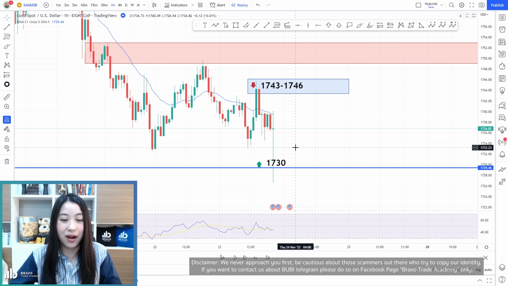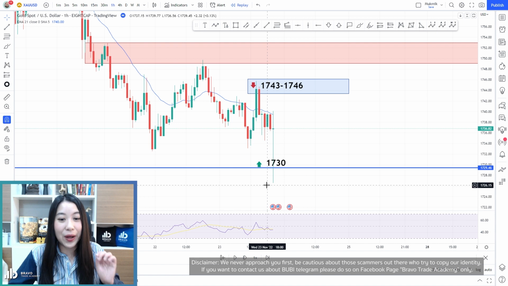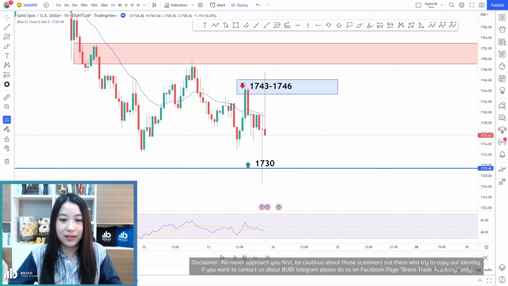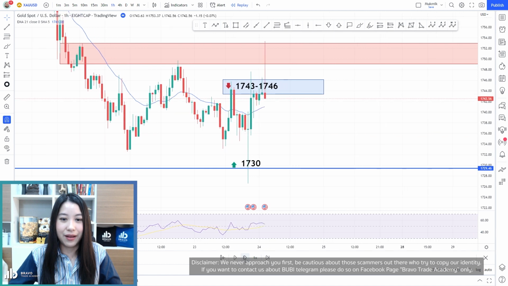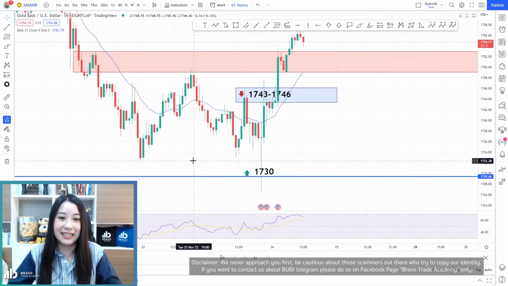That's really strong, okay? So it leaves the lower parts of the candle wicks really long tail. So look, and then there we go, let's go straight back up. So that's done for yesterday. We hit both of our plans, so that's really great.